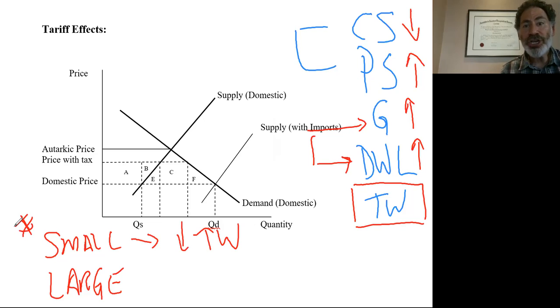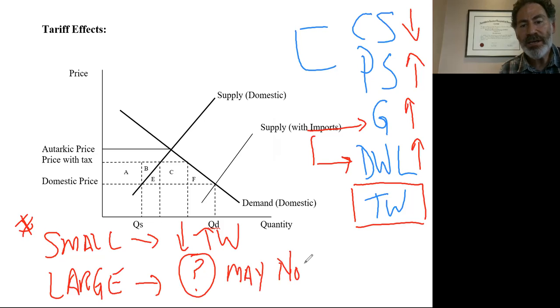A large country doesn't mean large like a landmass like Canada, but a large country dominating, with influence over the world price. The CFA answer that you're looking for is, question mark, or there may not be a decrease in total welfare.